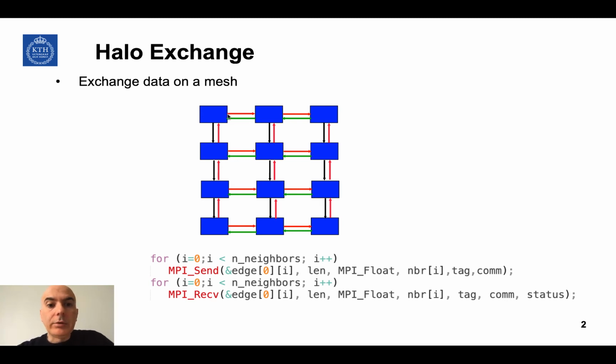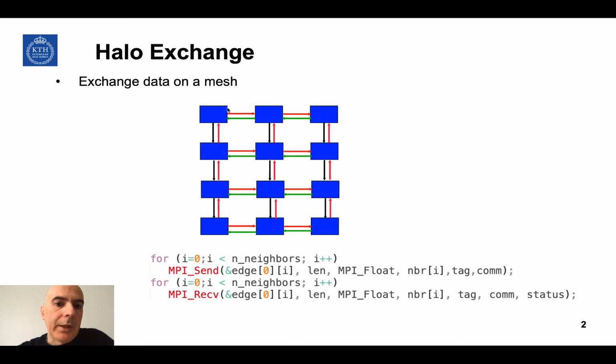So in order to get this, we need to communicate. We need to communicate the values on this edge to here, and we typically place them in a so-called ghost cell. So we make an additional edge here, and then we move the values from this column here to the ghost cell that we have here.